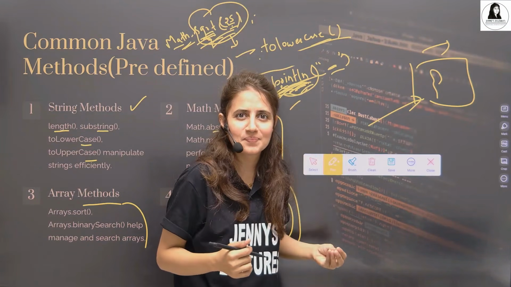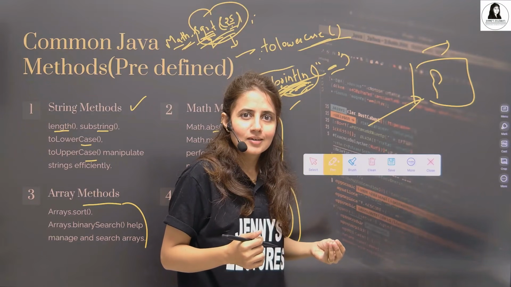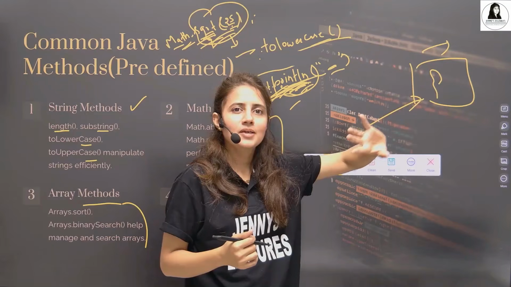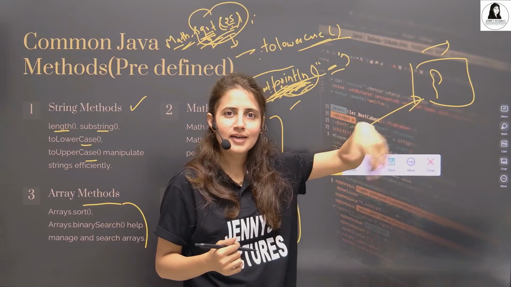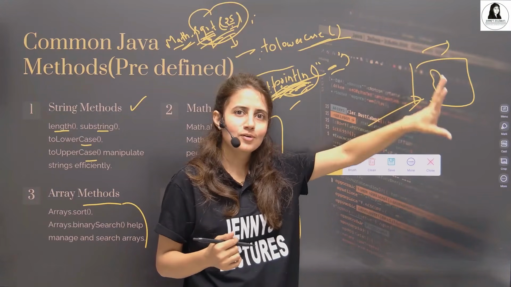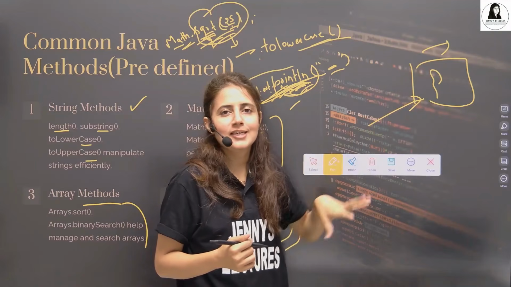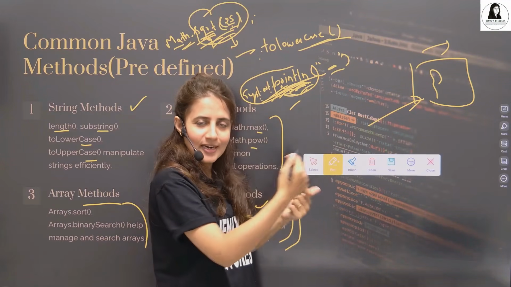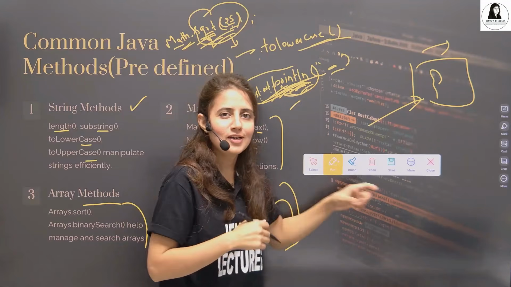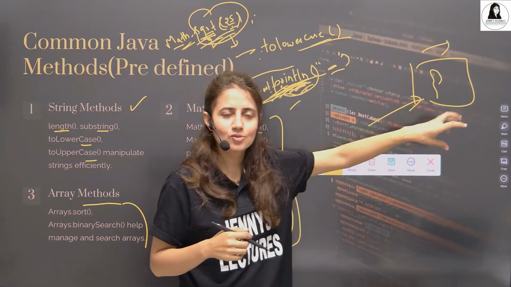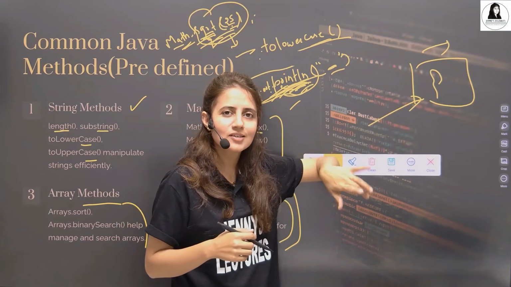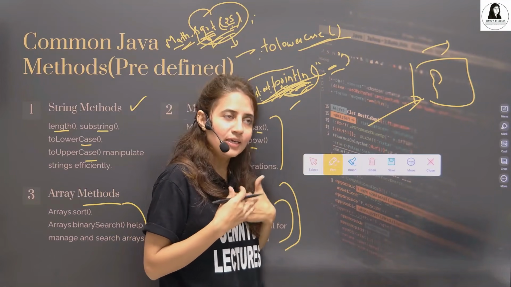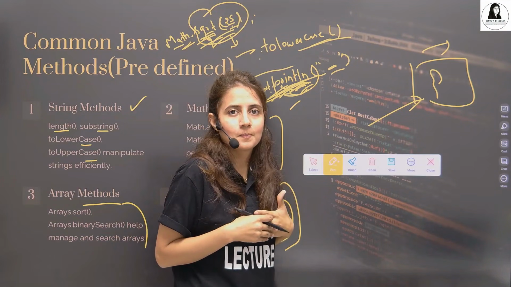Obviously that will take time, right? So those farmers are making our life easy. We can directly go to the supermarket and buy fruits, vegetables, grains or anything else. Okay. You can relate the same thing here also. Someone has already written these methods, already defined those methods for us, and we just use them. We just call them. So same, we can also define our own method.